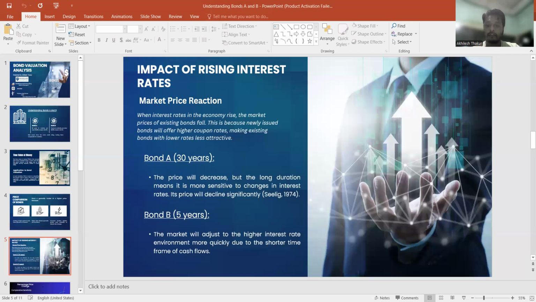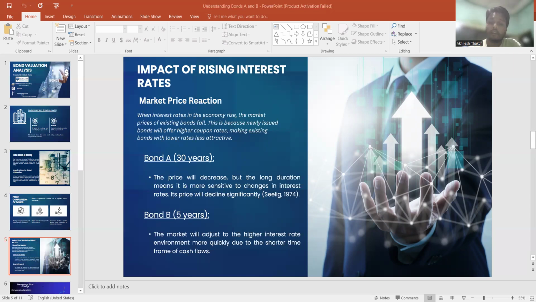So, impact of rising interest rates. Bond A, since it has a long duration, which is 30 years, its price will drop significantly when interest rates go up. This is because new bonds will be issued with higher interest rates, making bond A less attractive.